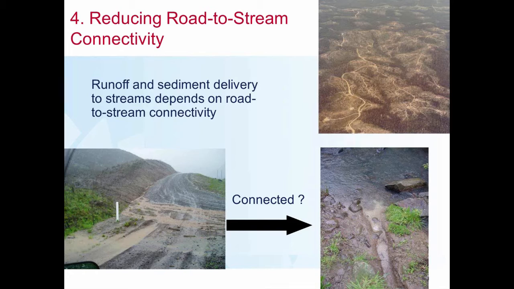If you look at the top right there, this is probably the worst case scenario, and it's a photograph from the 70s actually, but you can see that roads in some particular environments dominate the landscape, and what we want to avoid is erosion of those surfaces and connectivity with drainage features. So how do we make sure that this doesn't happen is a rather important question.